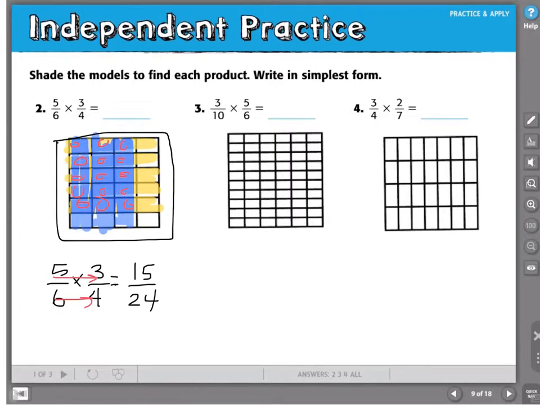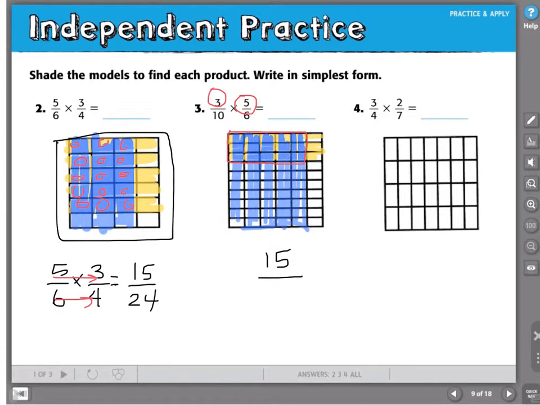3/10. 1, 2, 3/10. And 5/6. That would be 1, 2, 3, 4, 5. The section that is overlapping is right here and is an area of 3 times 5. 3 times 5 is 15.